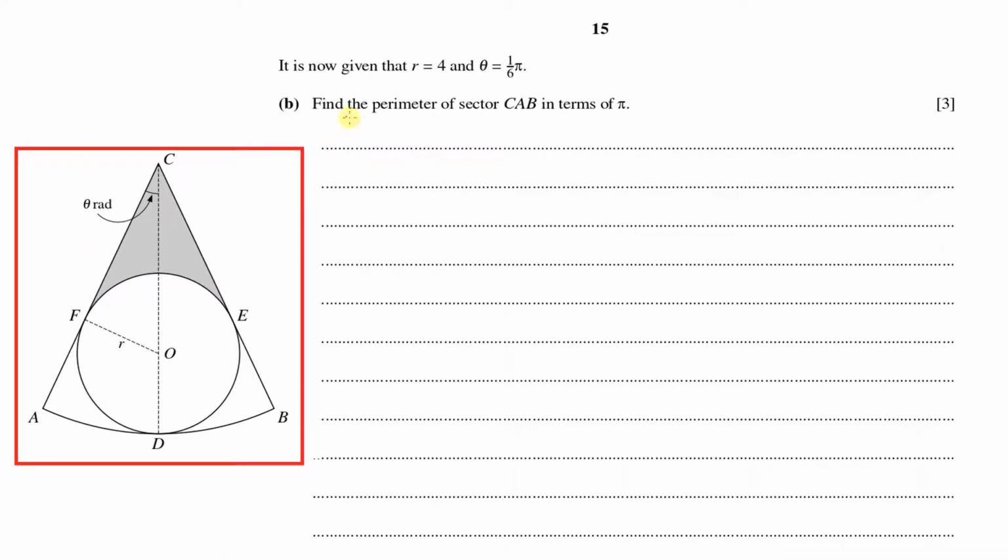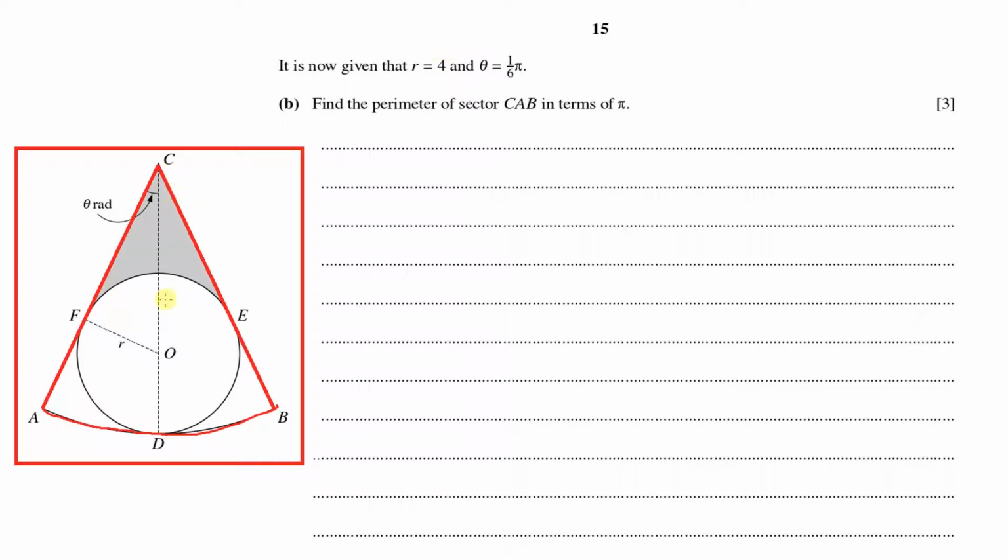They want us to find the perimeter of the sector CAB. By perimeter, we're talking about CA plus this line CB, and we also have the arc AB down here. So this gives the perimeter of the sector CAB.